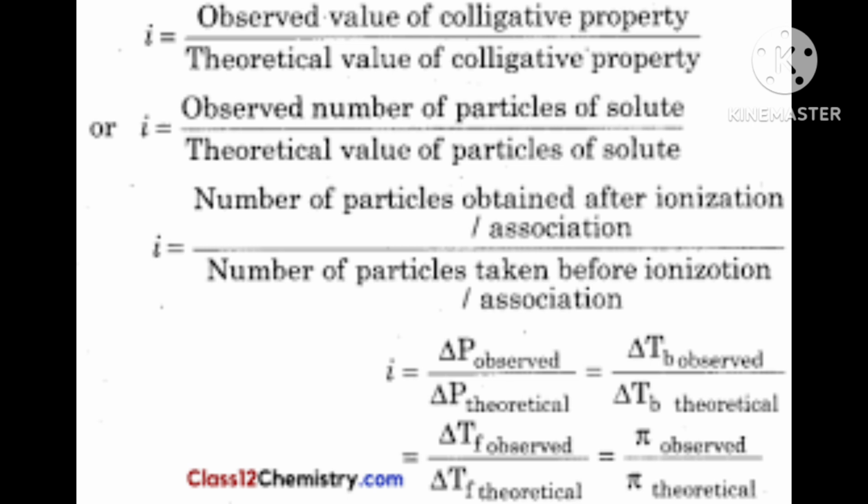Then this is actually called abnormal molecular mass. And what I have discussed is that in general, if molecules do not associate and do not dissociate, then it will give as it is.